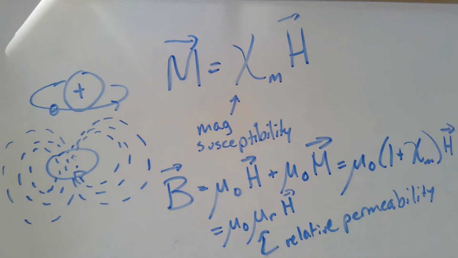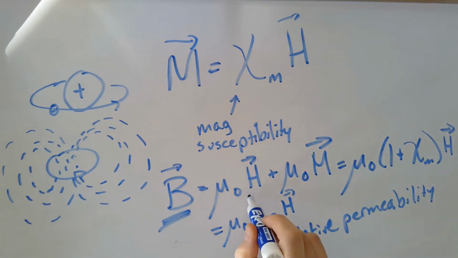And just like we saw with electric fields and dielectric materials, if you have a situation where B stays the same, obviously that would mean that H decreases.